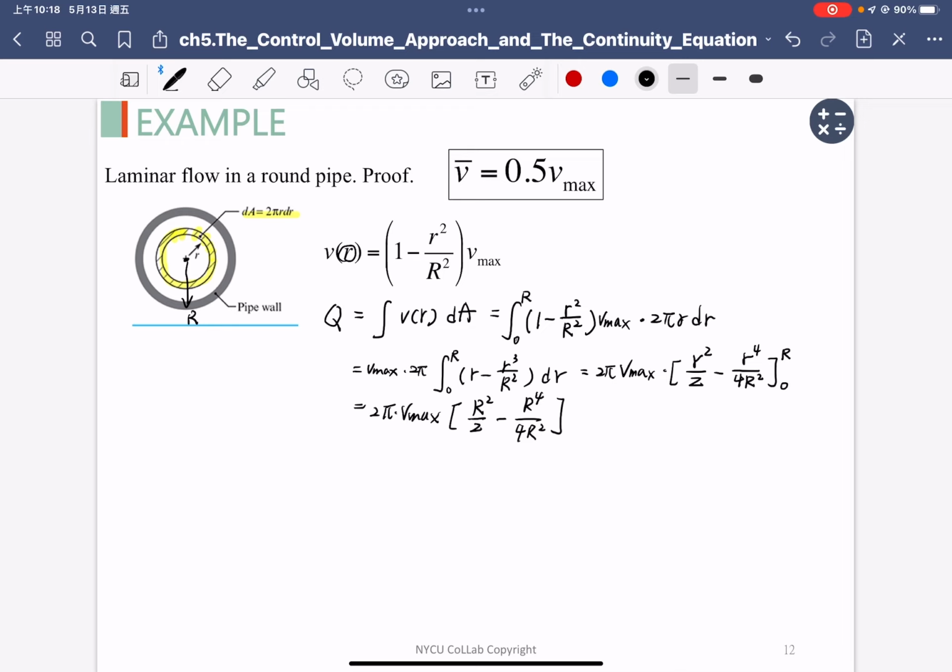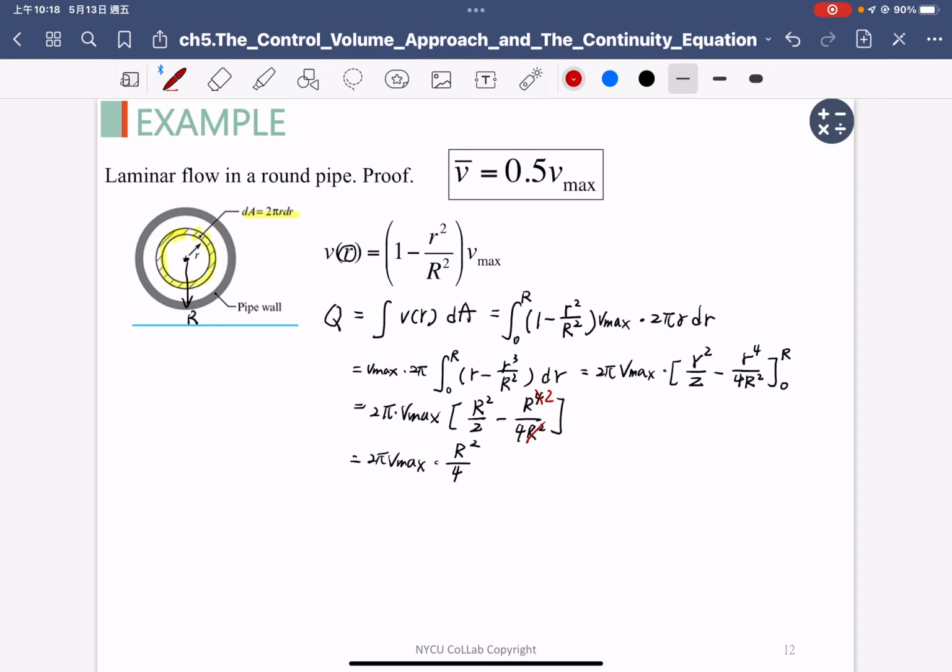Okay, so you can summarize. The final result will equal to 1 over 4, R squared over 4, right? Because here you can cancel out the square, and there will be R squared.